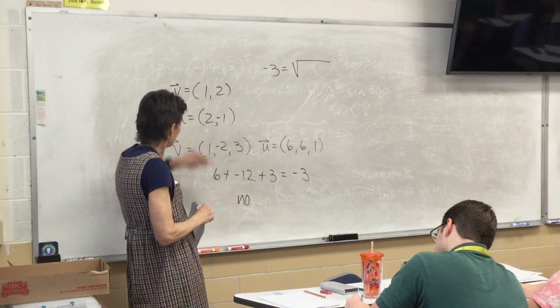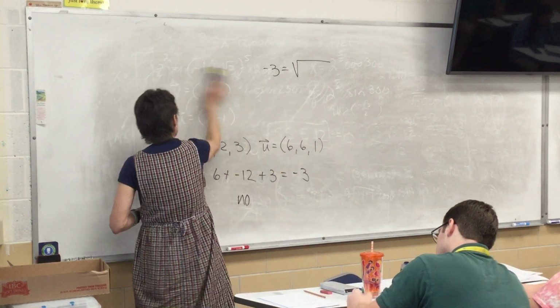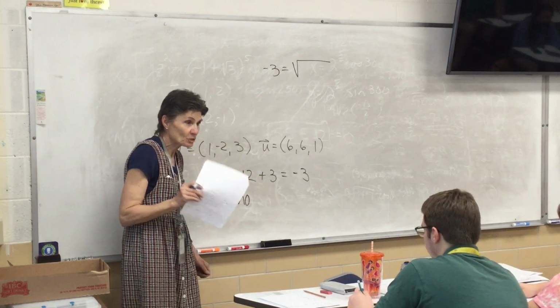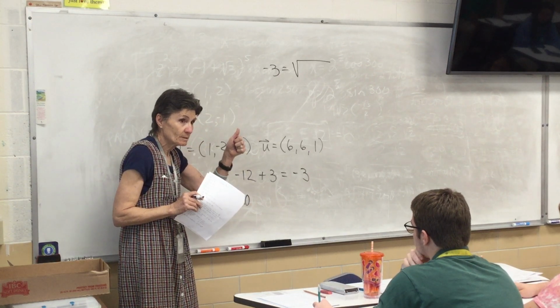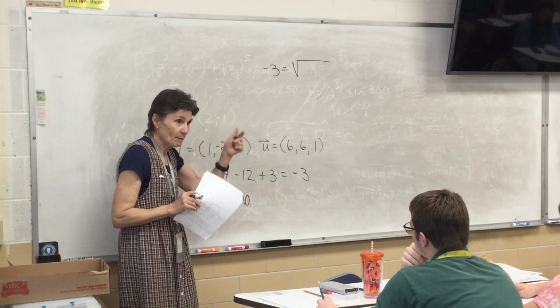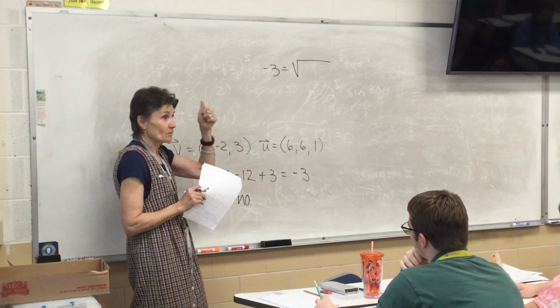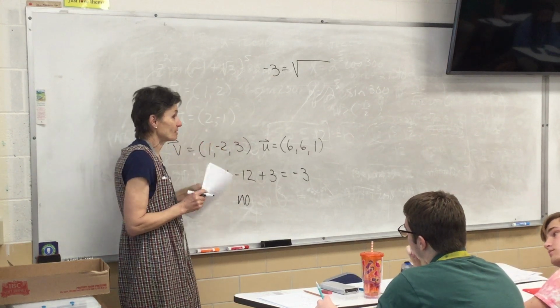How do you think we find the magnitude of a three-dimensional vector? How do we do a two-dimensional vector? Square the first one, square the second one, add them up and square root it. How do you think we do it in 3 dimensions? Square the first one, square the second one, square the third one, add them up and take the square root.